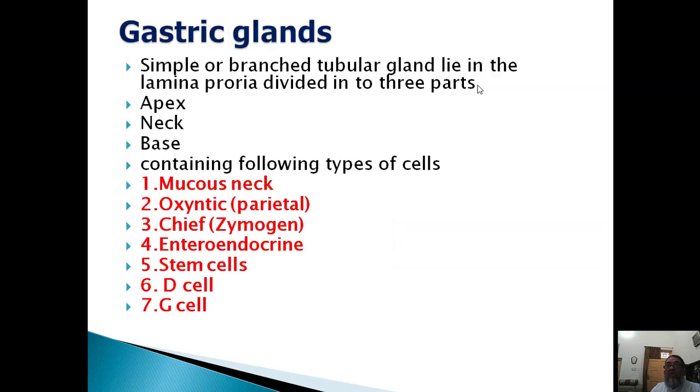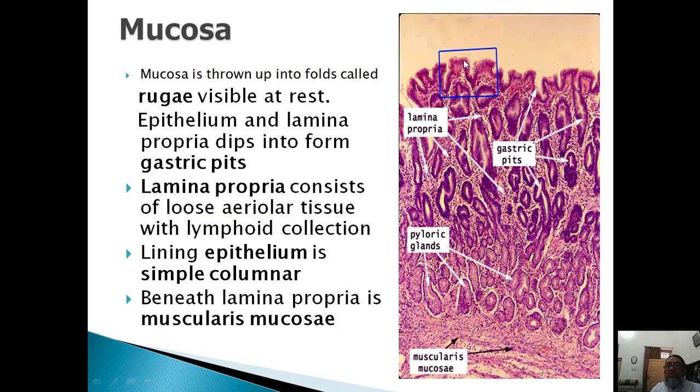In this diagram, you see the simple columnar epithelium and lamina propria. When it dips down to form multiple glandular tissue, these are the elongated gastric pits. These gastric pits are lined by modified epithelial cells which are secretory in nature.